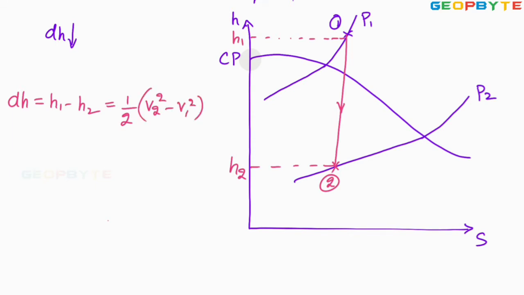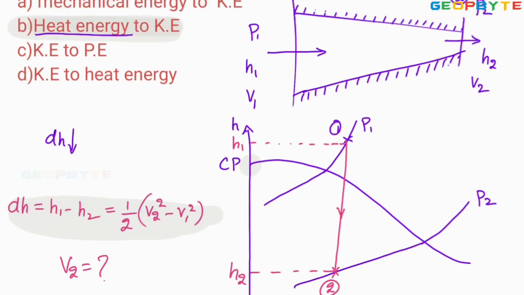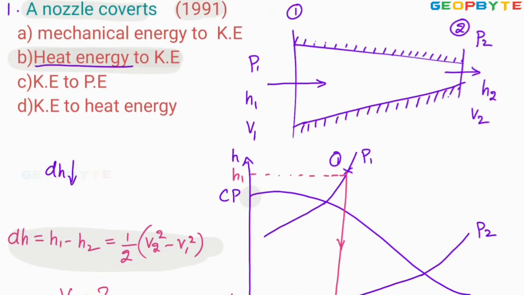So from this we can find the exit velocity of the steam. Anyhow, the function of the nozzle is to convert the enthalpy of the steam to kinetic energy. I hope all of you very clearly understood. Option B is absolutely correct. Let us take the next problem.